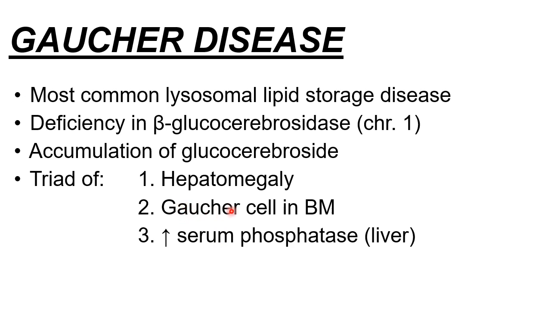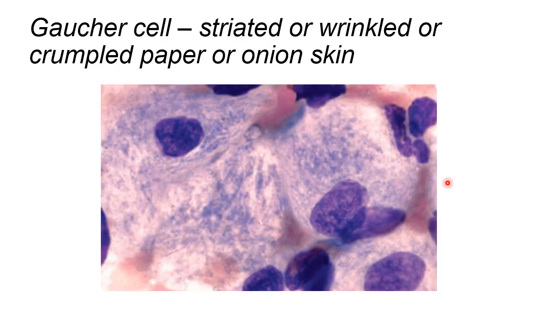Okay? So, anong itsura ng Gaucher cell in bone marrow? It is described as crumpled paper appearance. So, ito daw yung parang nilukot na papel, lalo na sa cytoplasm ng mga WBCs.